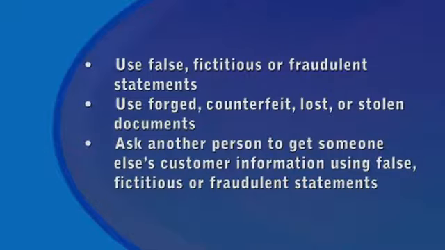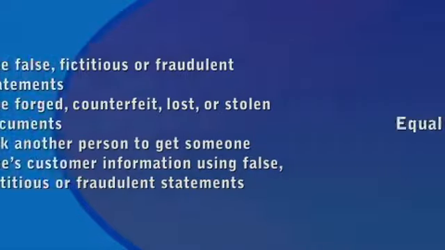Also, use forged, counterfeit, lost, or stolen documents to get customer information from a financial institution or directly from a customer of a financial institution. And finally, ask another person to get someone else's customer information using false, fictitious, or fraudulent statements or documents, or forged, counterfeit, lost, or stolen documents.